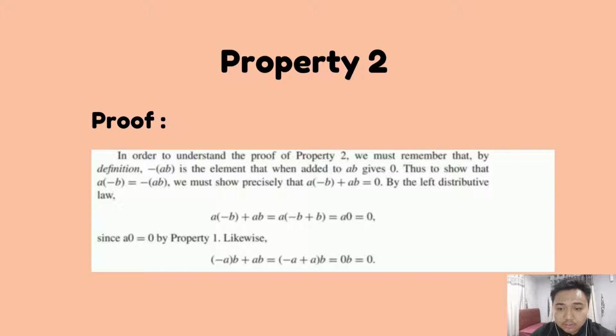By the left distributive law, A times negative B plus A times B equals A times (negative B plus B) equals A times 0 equals 0, since A times 0 equals 0 by property 1. Likewise, negative A times B plus A times B equals (negative A plus A) times B equals 0 times B equals 0.